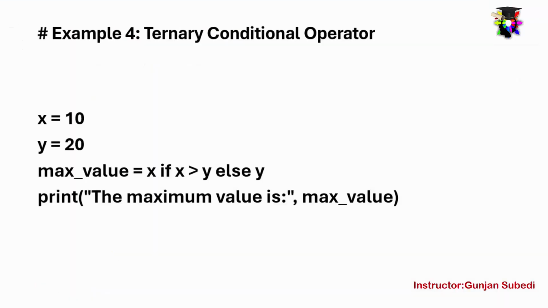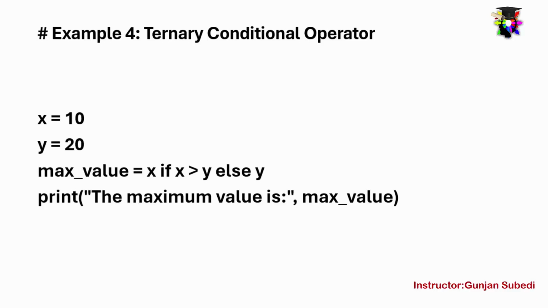Let us see another example where we are using the ternary conditional operator. Here the first and second lines set the variables x and y to 10 and 20 respectively. The max_value is equal to x if x is greater than y, else y. This line uses a ternary conditional operator to determine the maximum value between x and y.